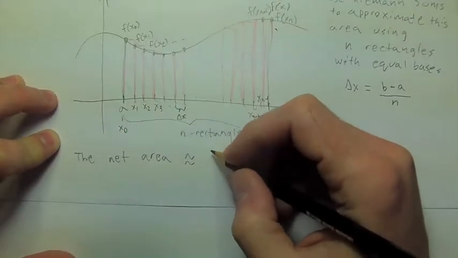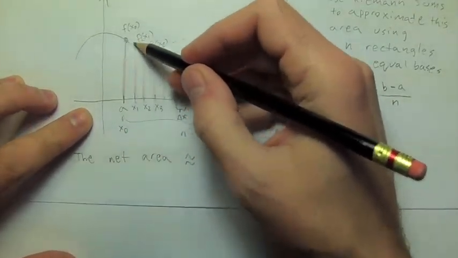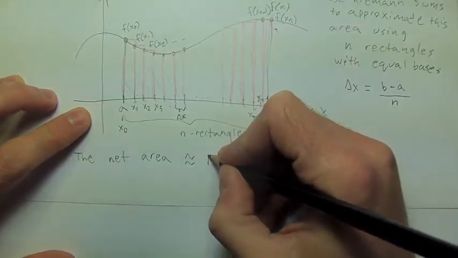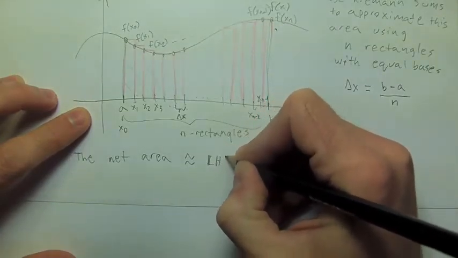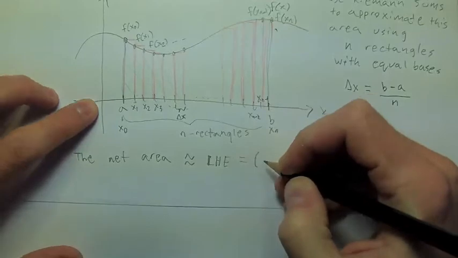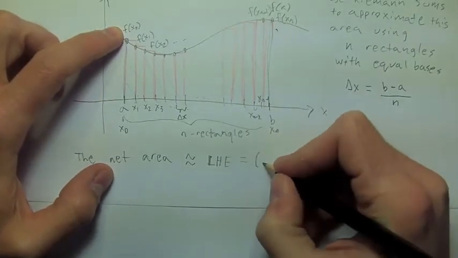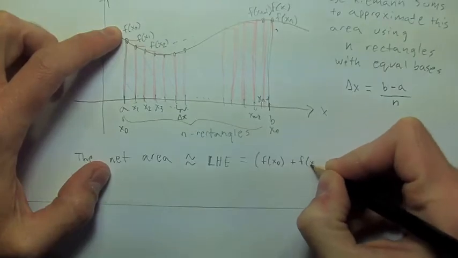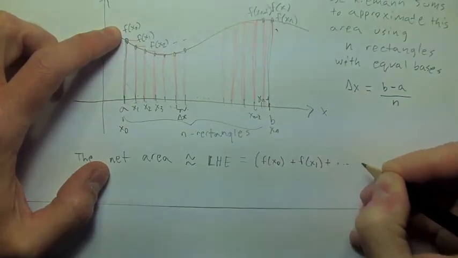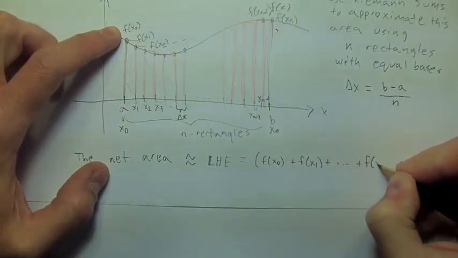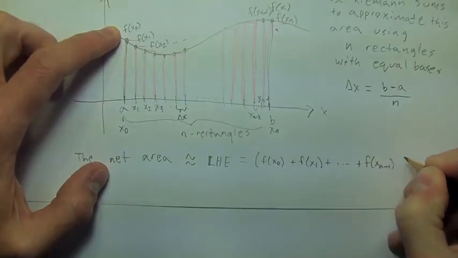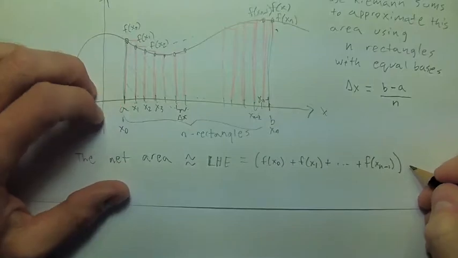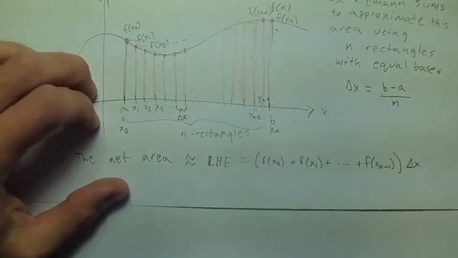So say I'm doing a left-handed estimate to start with, right? Because that's going to be all of my heights, so that's f of x naught plus f of x1 plus all the way up to f of x sub n minus 1, times the base, which is delta x.